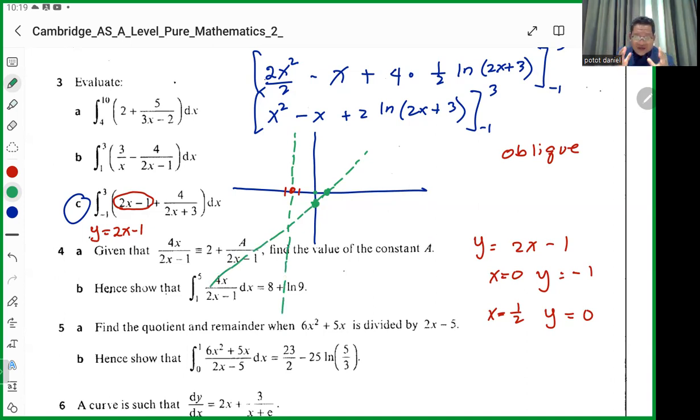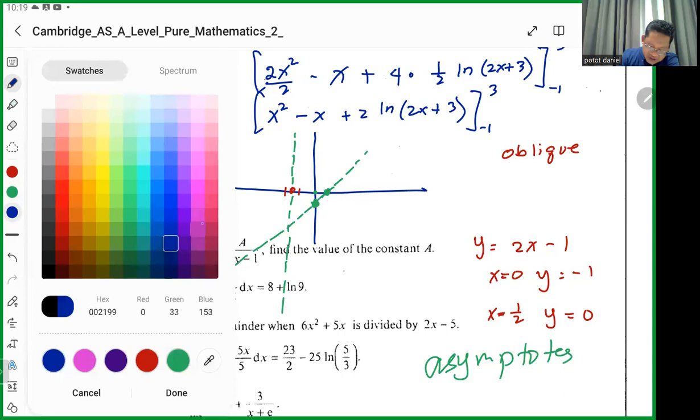Now, these are oblique asymptotes. Again, asymptotes. And the graph, the curve will not pass through these two asymptotes. Okay? Now, what you're going to do is you identify, because there are possibilities. Either these are the possibilities, okay? I'm going to use pink.